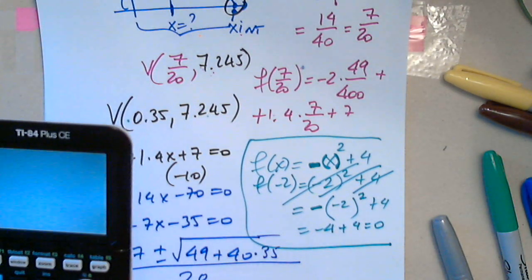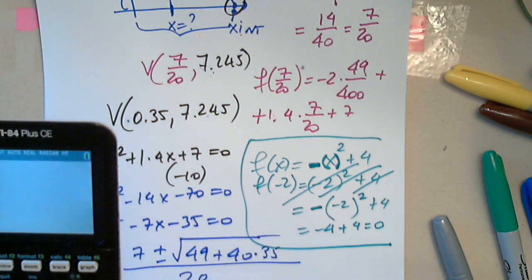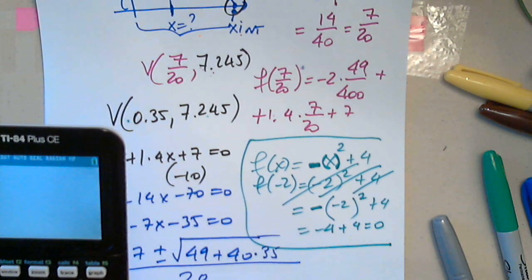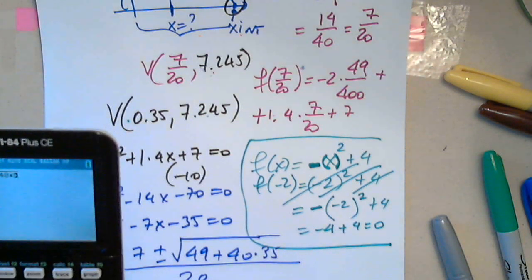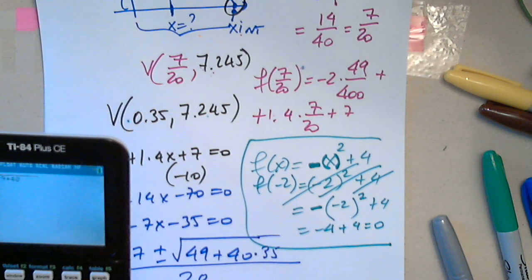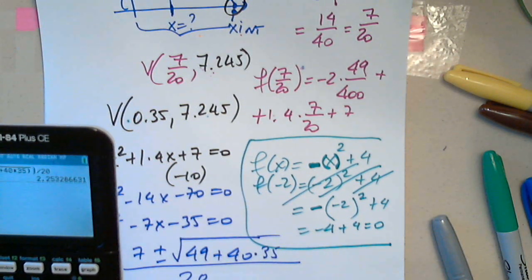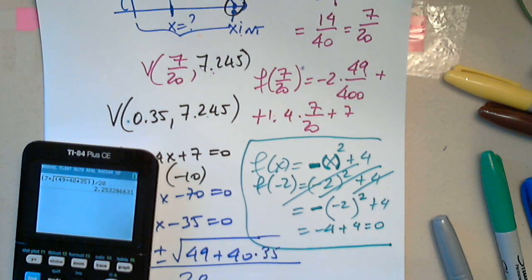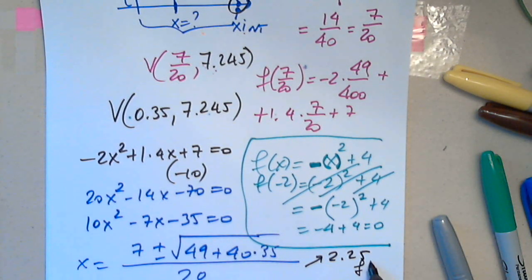So then I plug in the calculator. Remember to put parentheses around everything, so we have 7 plus the square root of 49 plus 40 times 35, close the parenthesis outside and divide by 20. I got 2.25. So one solution is 2.25. I don't know, you didn't give me measurements. I'm assuming it's feet.